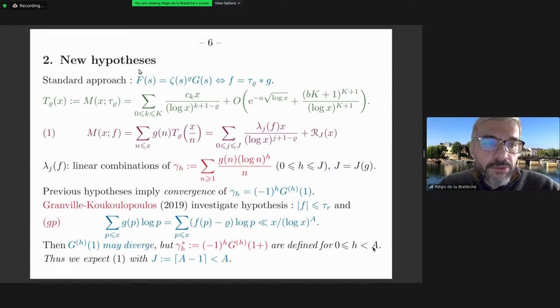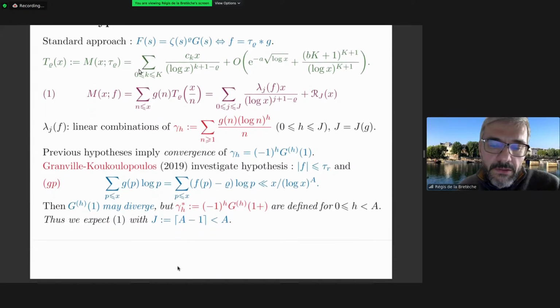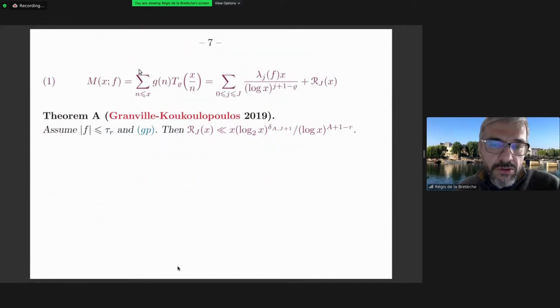So now we expect j less than the integer part of A minus 1. So the result of Granville and Koukoulopoulos can be stated.